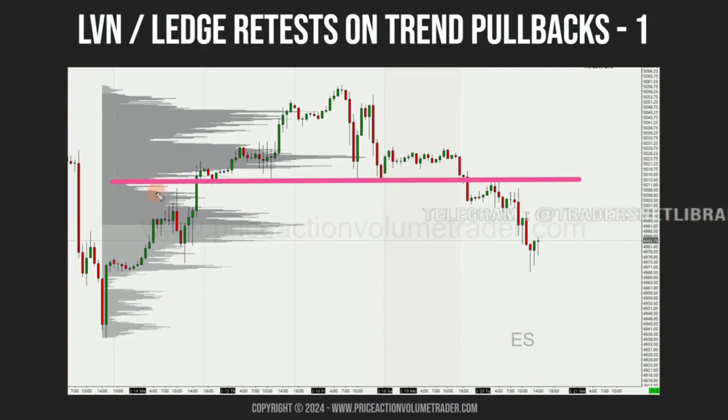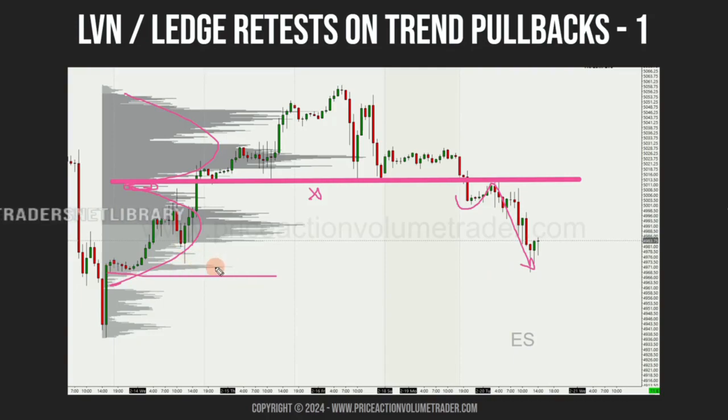And if we look at the high volume node that we had here, we broke outside of this node from above. We broke market structure down. And then we have a pullback into the top of this high volume node, into this low volume node resistance. And then we had a transition right into the bottom area of this node here.